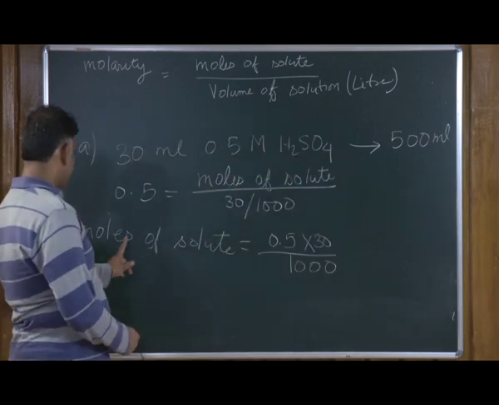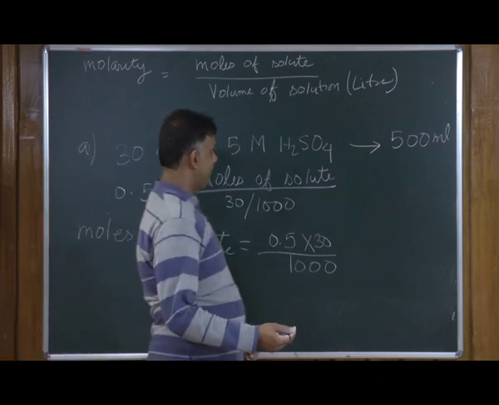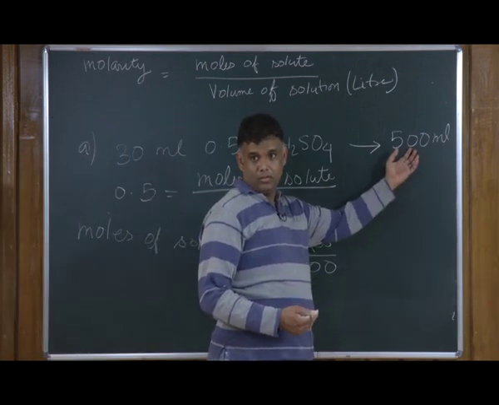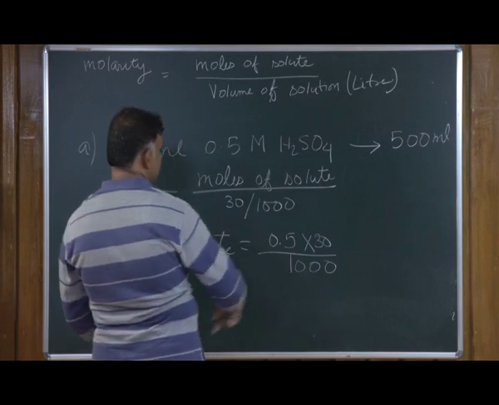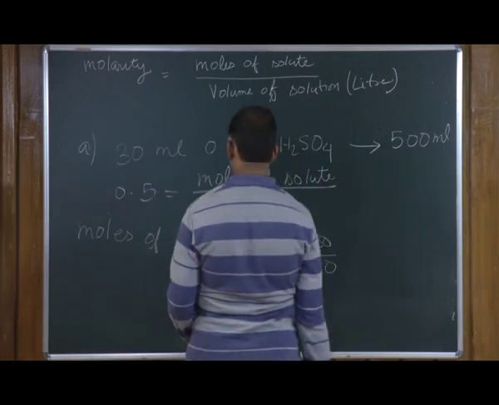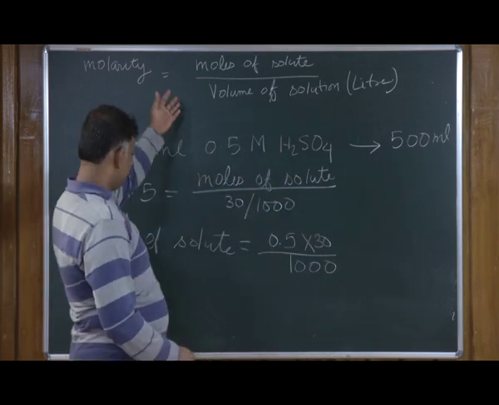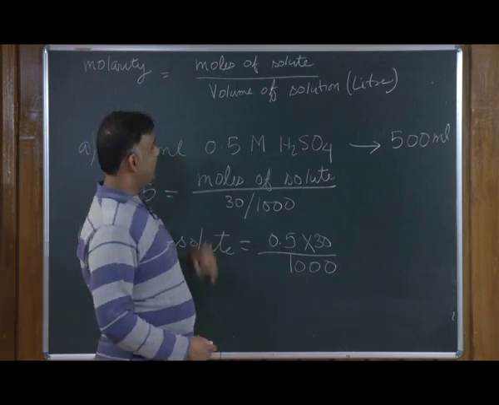And this same number of moles of solute is being used to prepare this solution. So, the concentration of this solution is going to be moles of solute, which is given to us, divided by volume.